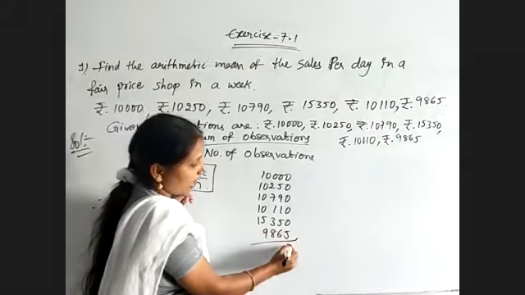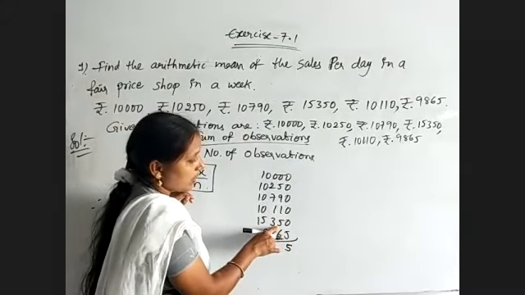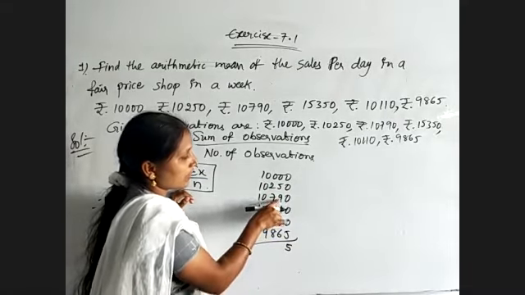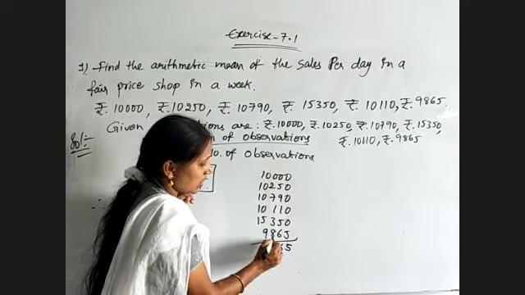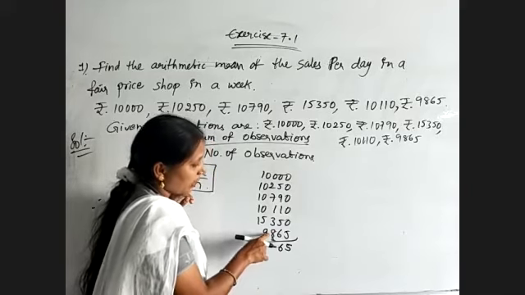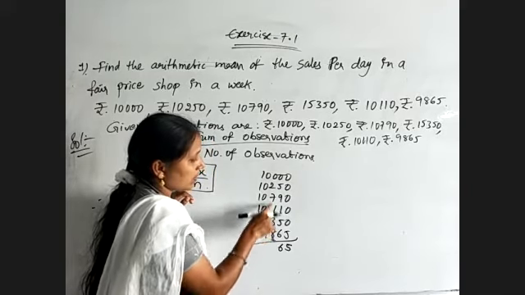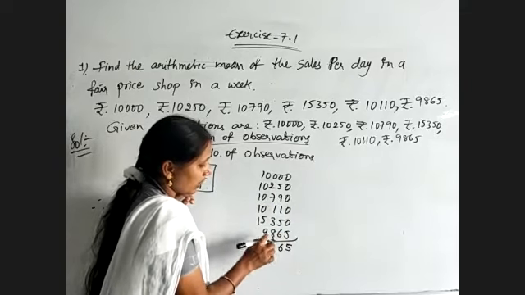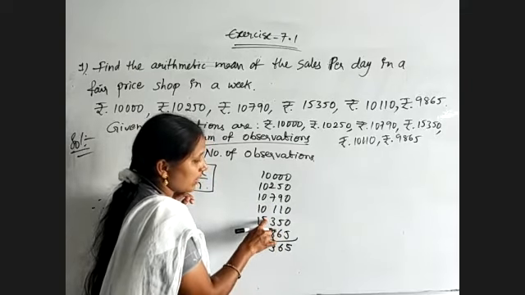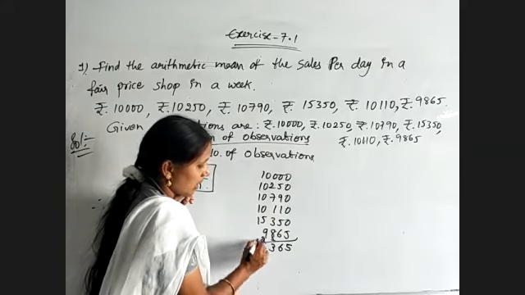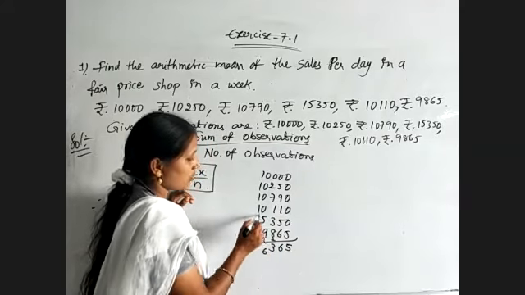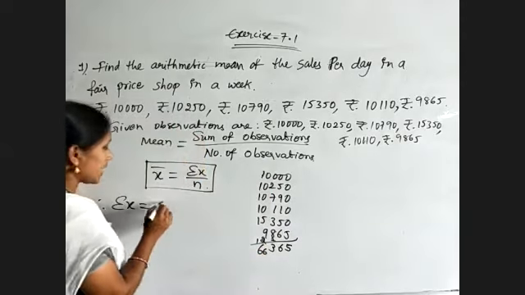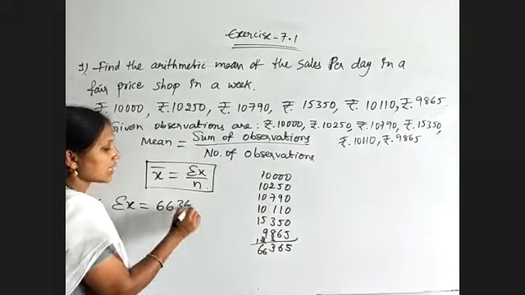What will we get? 5. So 6 plus 5, 11, 12, 12 plus 9, 21 plus 5 is 26. 2 will be carried. 10 plus 10, 20, 20 plus 3 is 23. 11, 11 plus 5 is 16. So 6 will come here and 1 is carried. 66,365 is the sum of the observations.